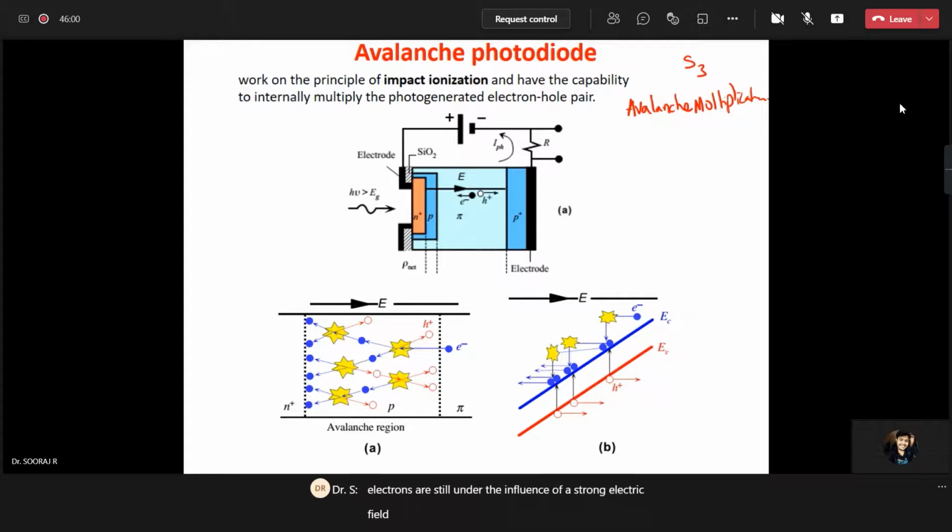So these two electrons would further accelerate, collide with the lattice, and would create four more electrons. So it collides, creates two, it again collides, creates four, this goes and collides, creates 8, and this simply multiplies. This is what is called avalanche multiplication. So you can use this process also to detect light, and that kind of diode is called an avalanche photodiode.